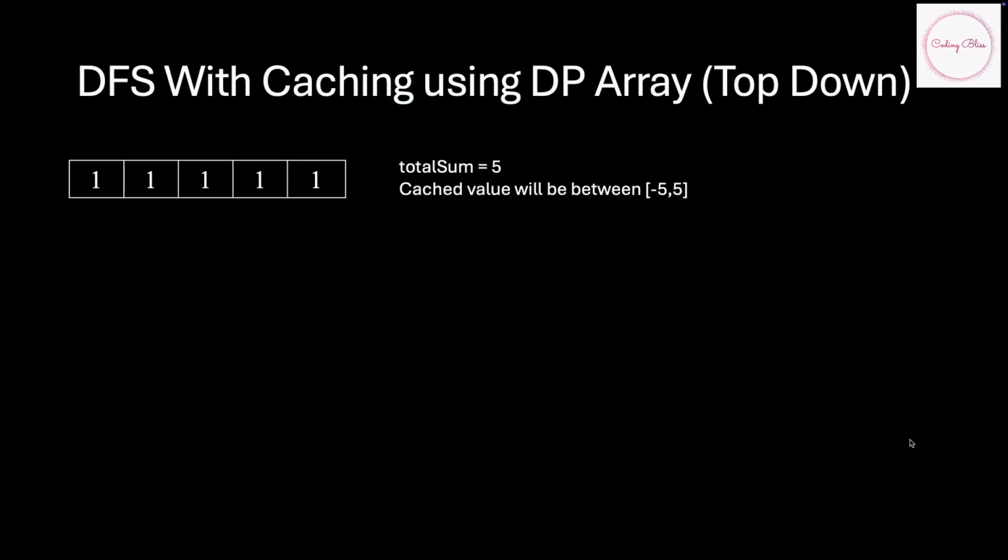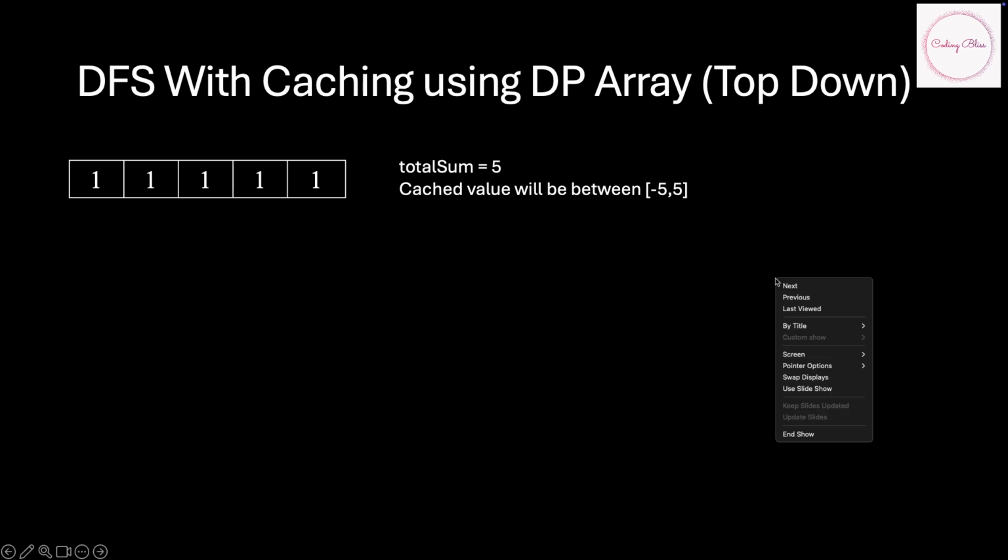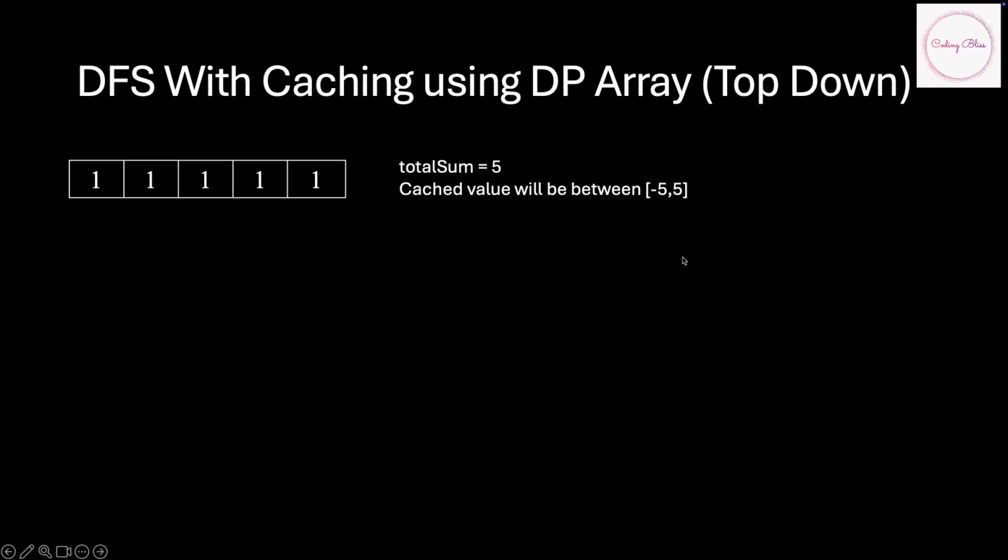Now let's do the DFS with caching using a DP array. Previously, as you saw, I just used the DP map data structure to do all the implementation. Let me get the mouse pointer also. All right, so this becomes very important.